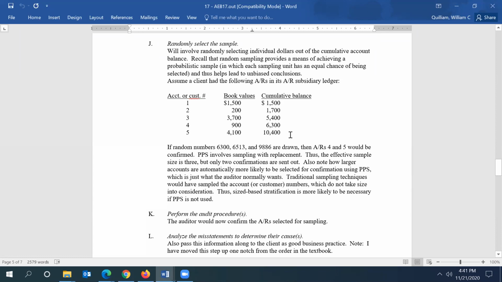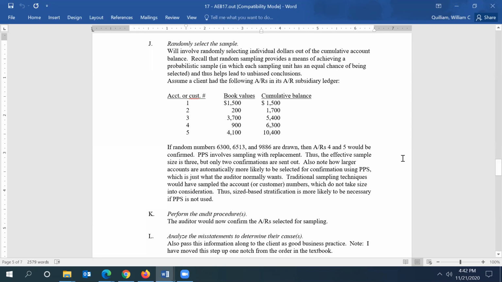That will cover all the dollars in this cumulative account balance, ranging from $0, starting just below account 1, up to the very highest dollar, which is in account 5, 10,400. Does that make sense? That's our range.